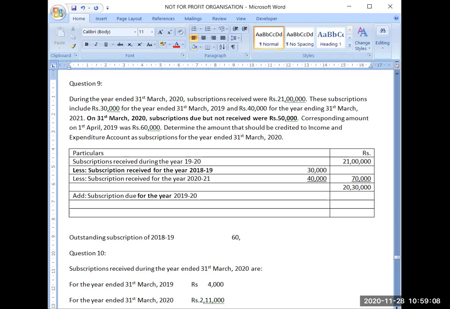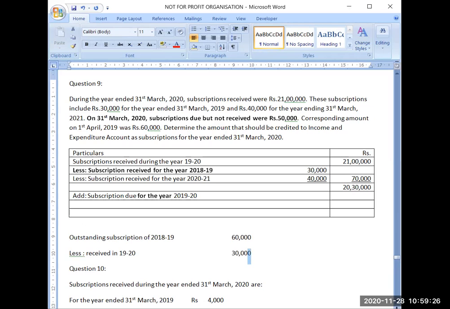It was 60,000. However, I have received in 19-20, out of the 60,000, rupees 30,000 in the current year. Now, how much amount have I not received?